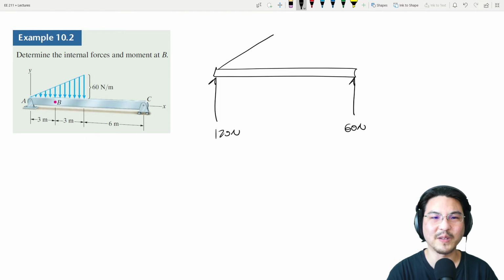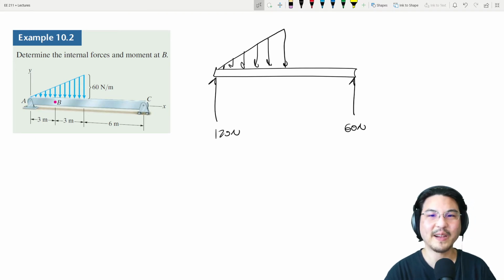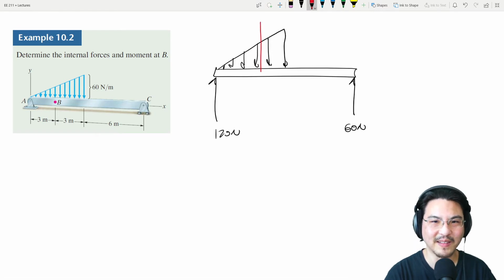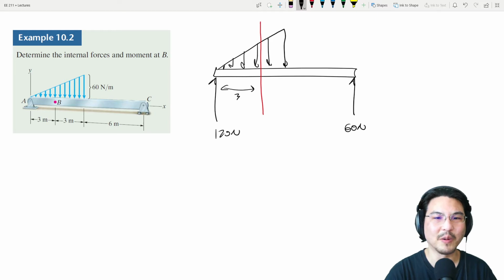Okay, now we have our distributed load like this. Okay, now we can cut through point B like this. This is 3 meters, right? That is okay. This is point B.